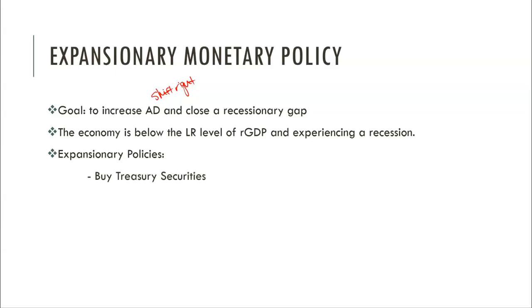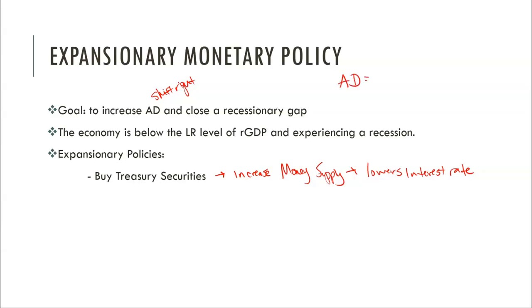Okay, so expansionary policies. So open market operations, they're going to buy treasury securities. This is going to increase the money supply. Which then lowers interest rates, which then increases spending. So an expansionary policy is going to cause aggregate demand to shift to the right.